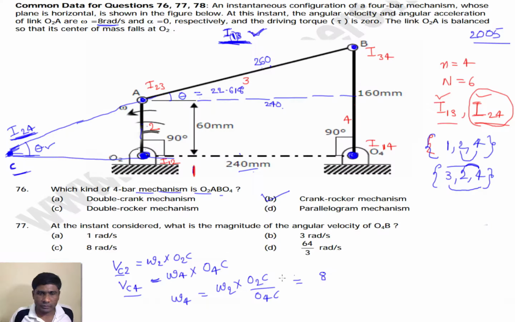So omega 4 is omega 2 into, which comes around 144, divided by what is O4C, that is 240 plus 144. Then if you simplify this, the answer is 3 radians per second.